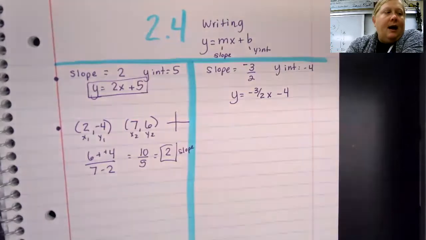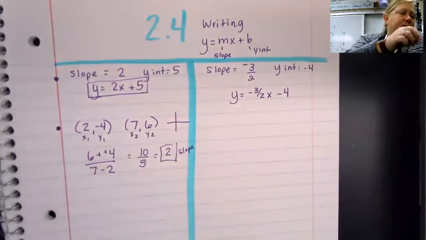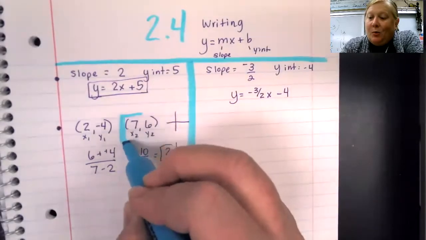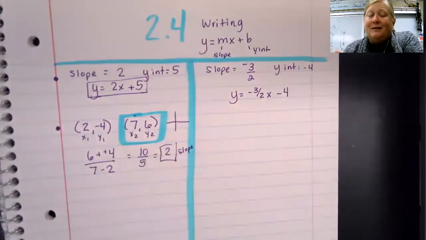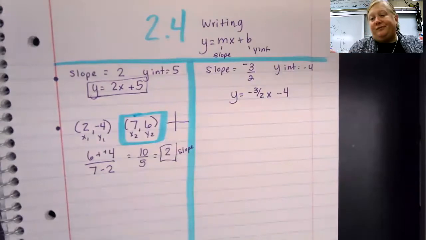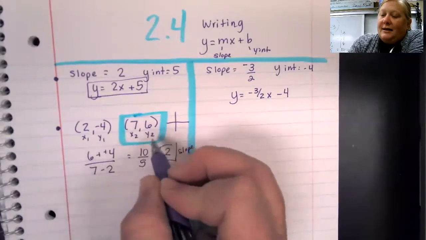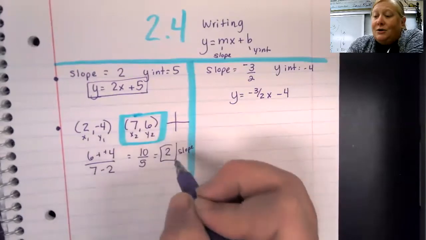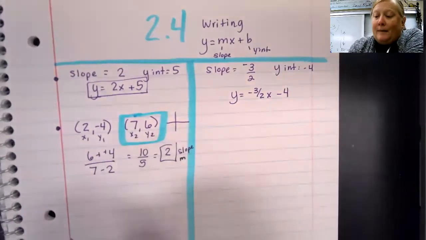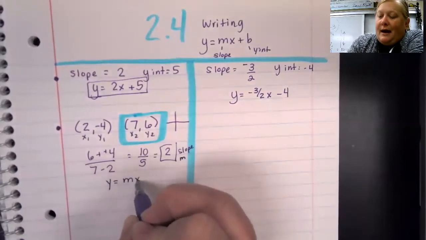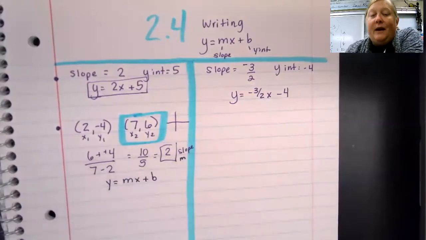So here's the thing. I need you to pick one of these points. Which point would you like to use? Well, I'm hoping you picked that one because it's all positives. So I think that's pretty easy. So here we go. Here's your x, here's your y, and here's your slope, which is the m part. You have everything you need to plug into mx plus b, except the b, which is what we're trying to find.